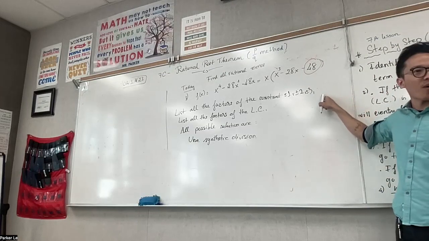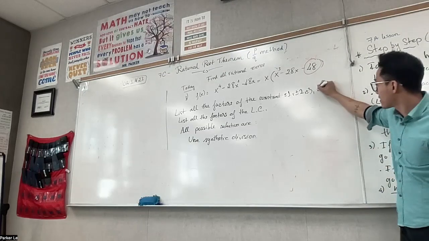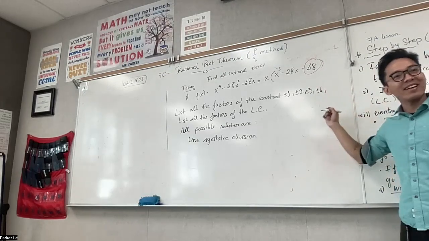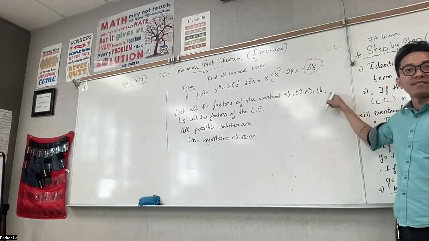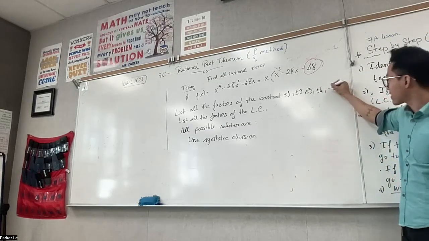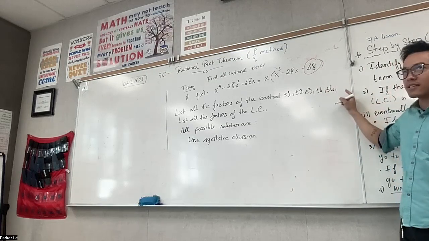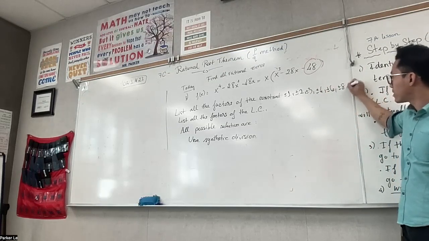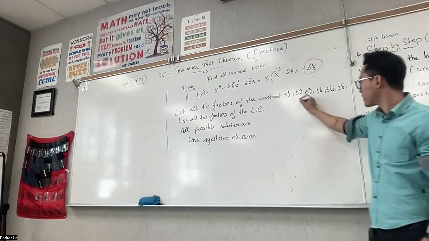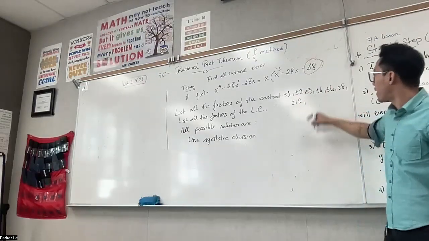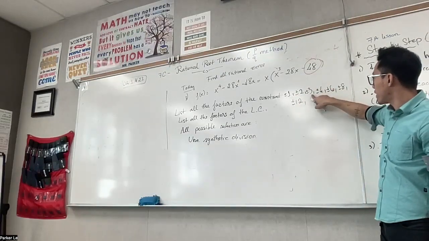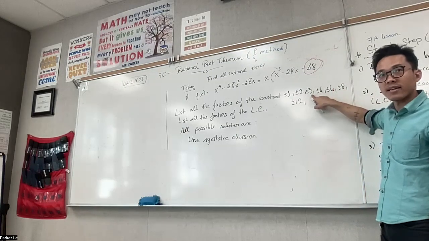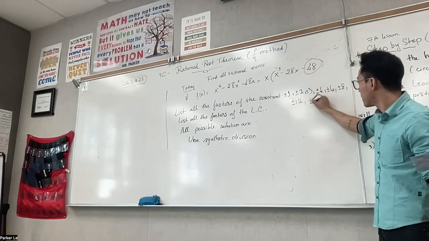Can 48 be divided by 4? Yes. You can use the calculator. Oh my god, this is a lot. 5, no, 6, right? 6. I know there's a lot. 6, 8. What else? 12. 48 divided by 3 is 16.